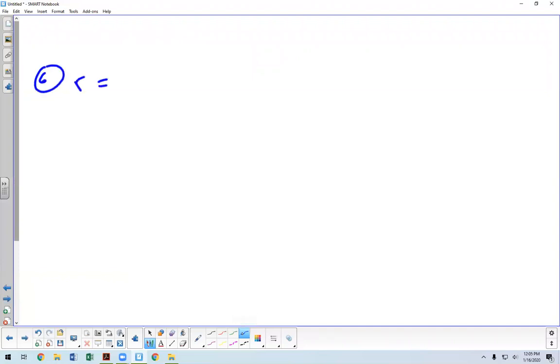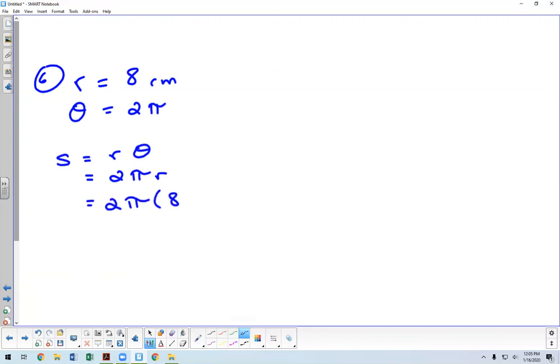Okay, so the radius for us is 8 centimeters. We are talking about making a full revolution around the face of the clock. So that's going to be r times theta, which is 2 pi r. R is 8 centimeters.